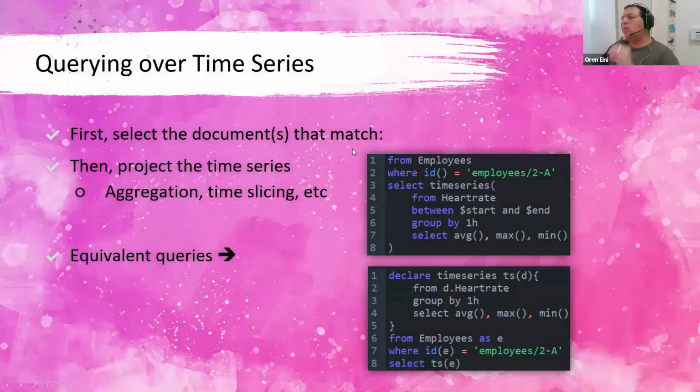Let's see what happens when I want to query. And you can see here, these two queries are exactly identical. First, we select which user or employee we're going to run, and then we apply some projection.